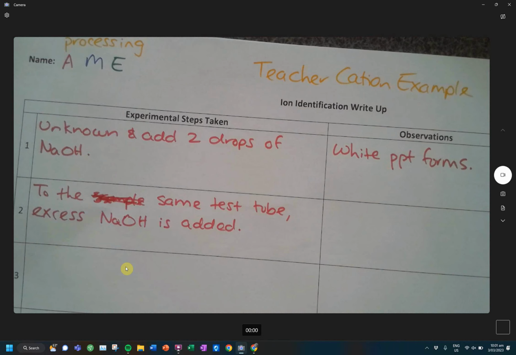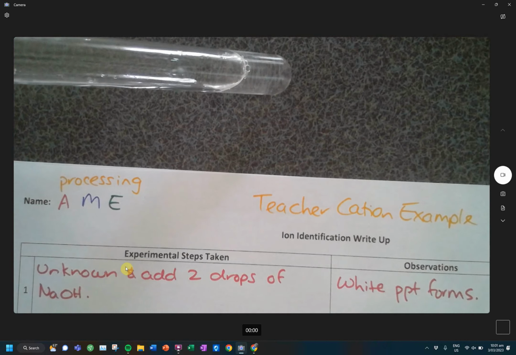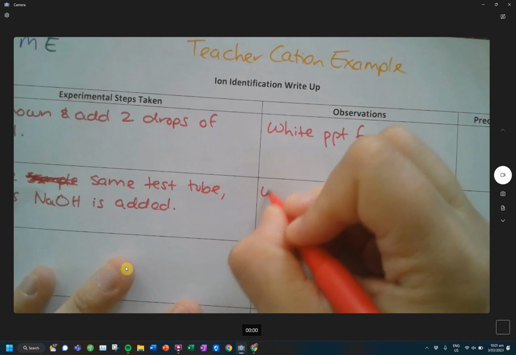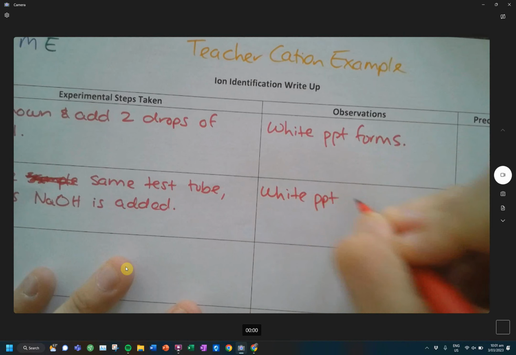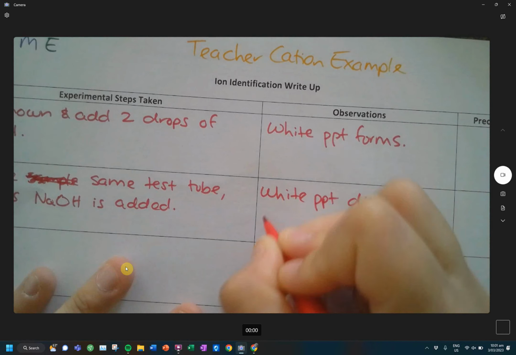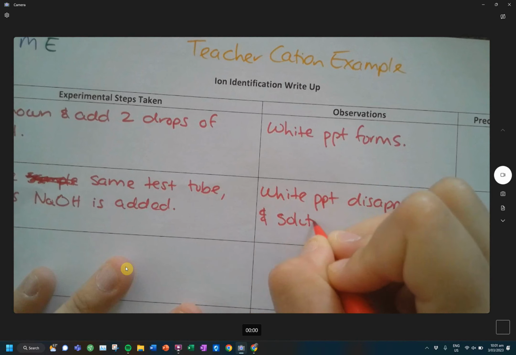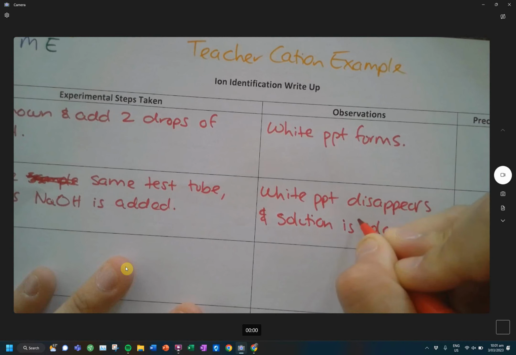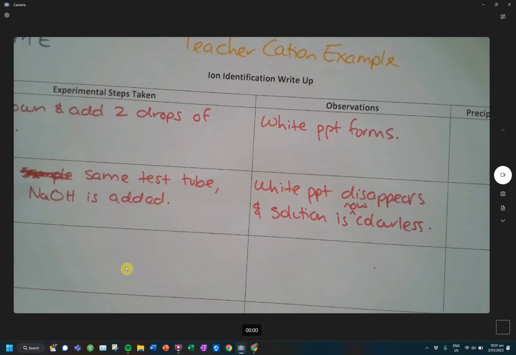So here is my original test tube and here's my sodium hydroxide, and I'm going to saturate it with a lot of sodium hydroxide, and we'll notice now that it's gone colorless. So my precipitate has disappeared. So white precipitate disappears. And we'll also make the observation on the solution. Solution is now colorless. We can even add more descriptive.